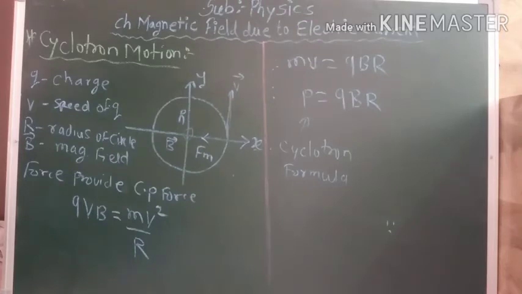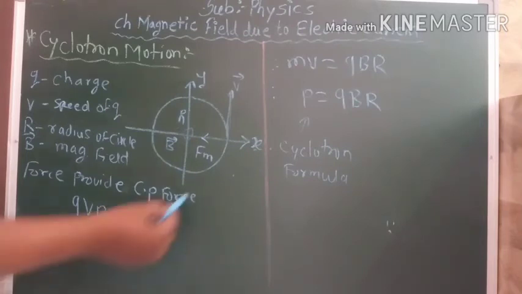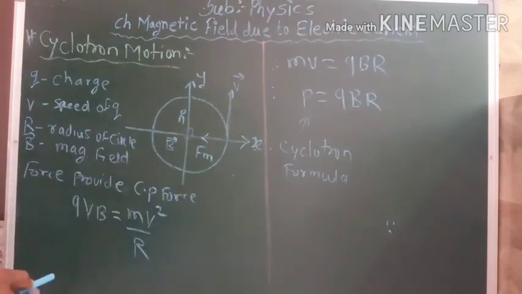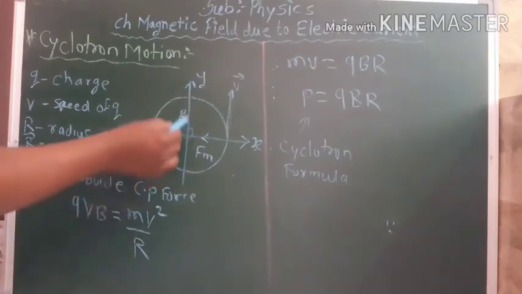According to the Lorentz force, which we also discussed in the previous point, F is equal to QVB. Then this Lorentz force, the magnetic force on the particle, acts towards the center of the circle of radius r.